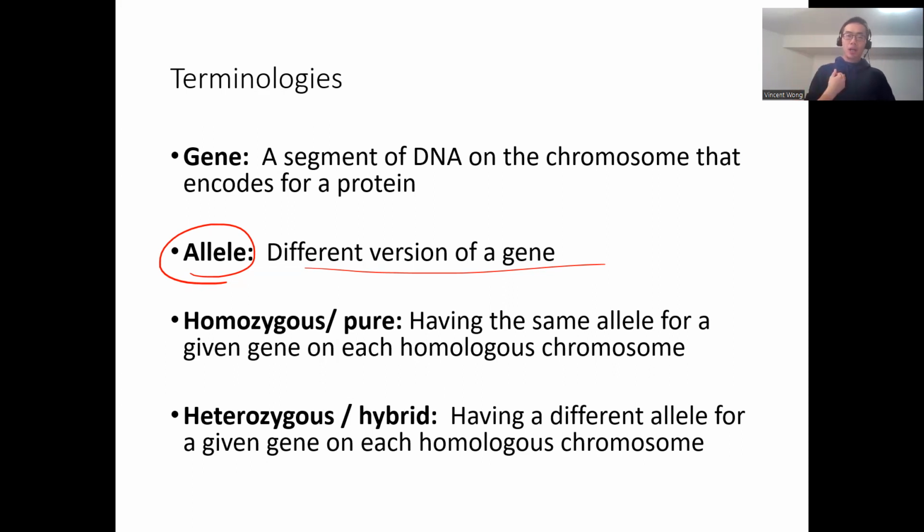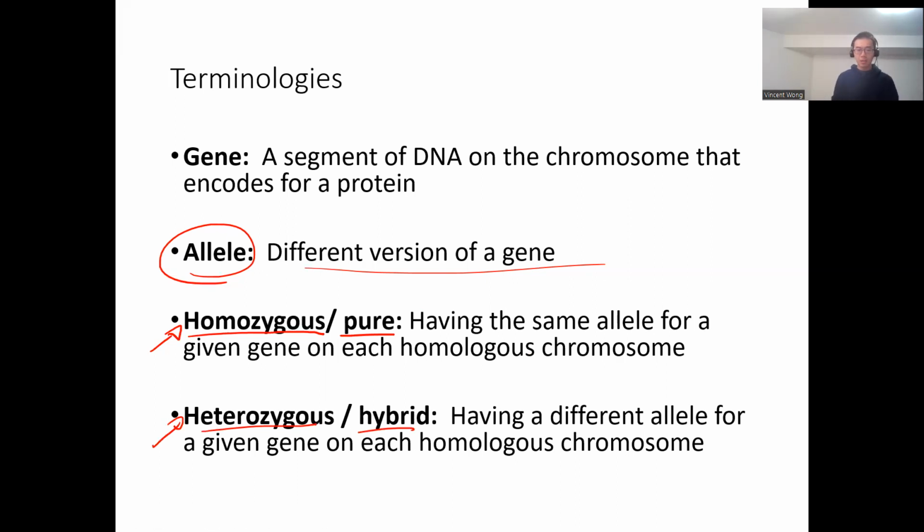We are diploid, which means at most we will have 2 different alleles. They don't have to be different. They could be the same, depending on who your parents are. If they are the same allele, then we say that we are homozygous or pure for that allele. If they are different, then we say it's heterozygous or hybrid.